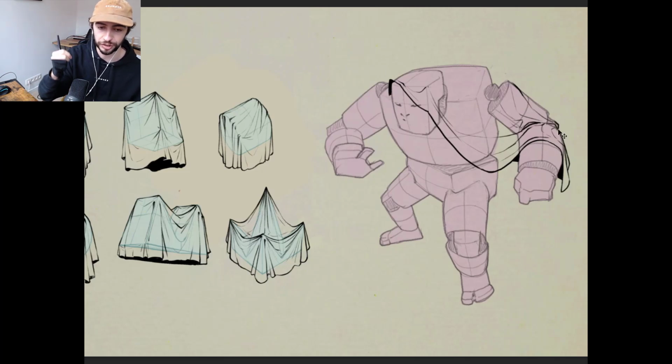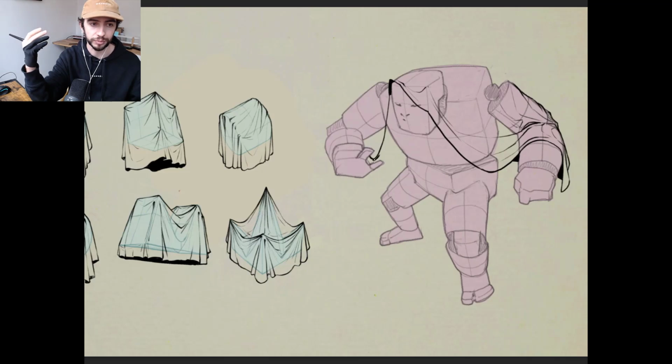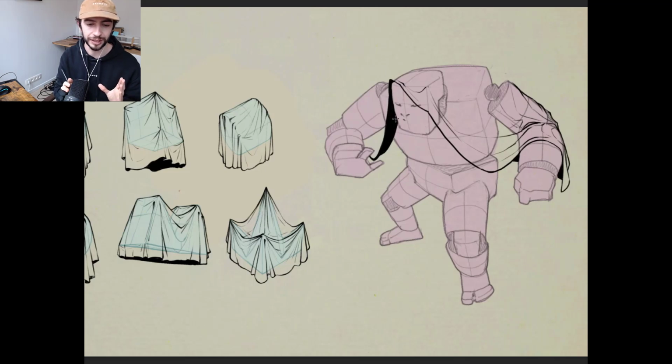So in this case, for example, we have a simple mannequin. We can very clearly identify what's coming towards the camera, what's going away from the camera. The three-dimensional depth is very easy to interpret suddenly. And that's going to allow us to draw conclusions like, oh yeah, this is where the cloth is going to be compressing. This is where the cloth is going to have a lot of tension.